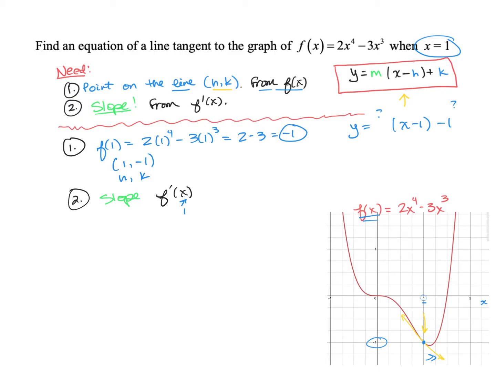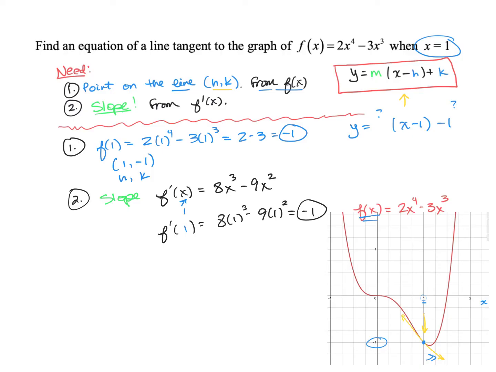But first we have to find f prime of x, then we can plug 1 in. So f prime of x is going to be 8x cubed minus 9x squared. Then we plug in our value of 1, and that gives us 8 times 1 cubed minus 9 times 1 squared, which also equals negative 1. We have a lot of negative 1s here.